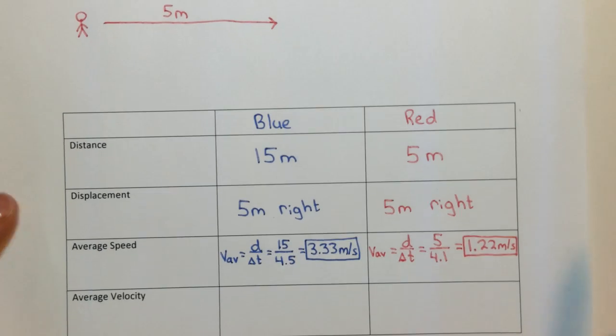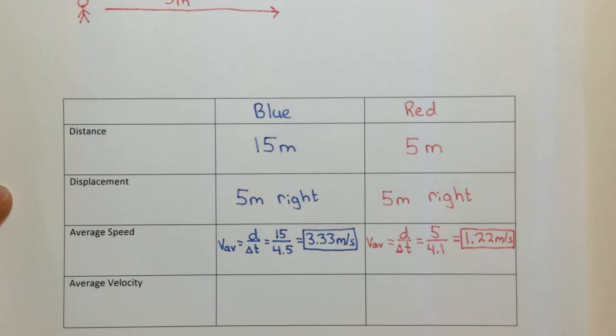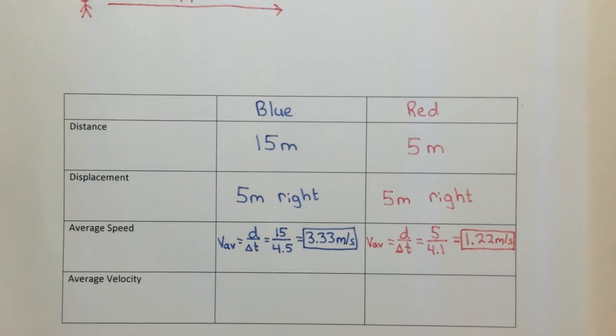Now, let's look at velocity. I said before, velocity in daily life is often just a word people use when they mean speed, but they want to sound fancy. But there's more to it than that. So let's look at it.